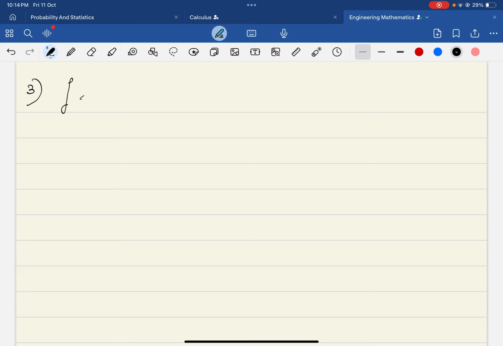Secant square x tan y dx plus secant square y tan x dy is equal to 0.